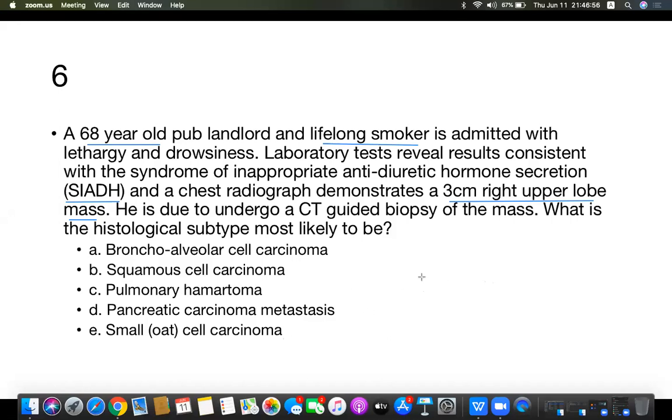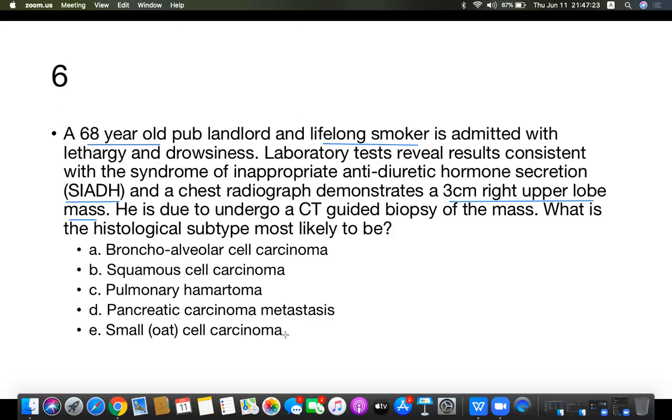Now, if we go into the lung cancer topic, these paraneoplastic syndromes are very common with small cell carcinoma or oat cell carcinoma, except one paraneoplastic syndrome, which is hypercalcemia because of PTH type of substance. All others are very commonly seen in oat cell or small cell carcinoma.